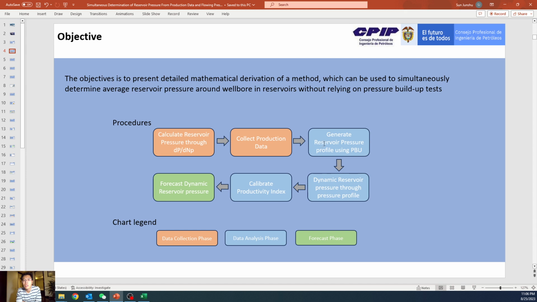Using this reservoir pressure build-up, we generate reservoir pressure profiles. Using this key value reservoir pressure profile, we can generate the dynamic reservoir pressure in a multi-well system.